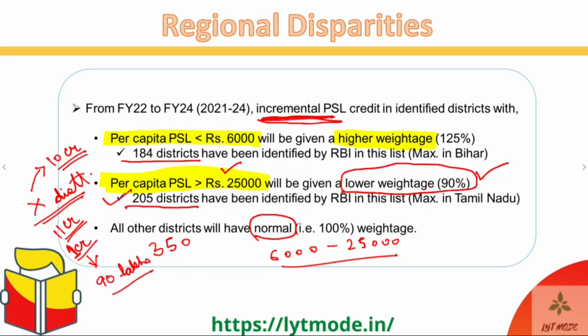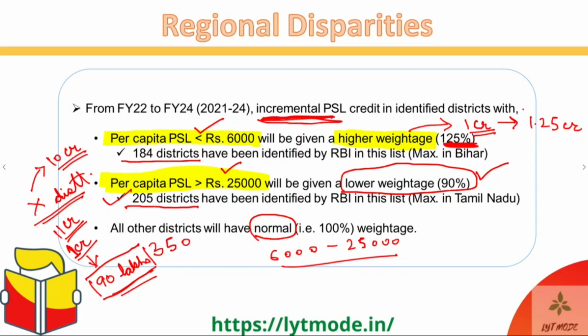They are trying to dissuade the banks from giving more PSL loans in the higher per capita PSL districts. Whereas for the lower per capita PSL districts, if the incremental loan given this year was 1 crore, then that will be considered as 1.25 crore, or 125% of the loan given.